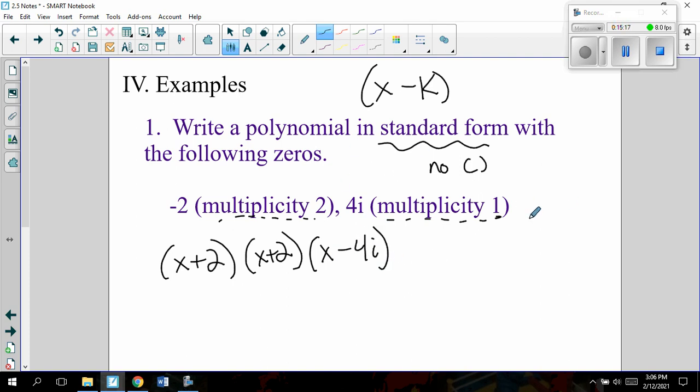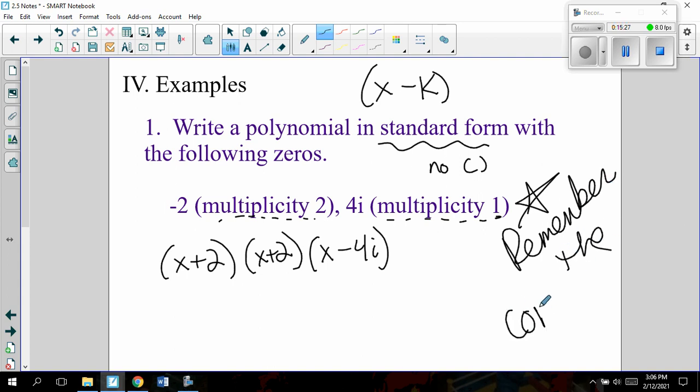Now, here's the key thing to remember. Write yourself a giant star reminder. I'm going to say remember the conjugate. Okay, if you FOIL these all together, you are going to get a very gross looking answer because there is another 0.